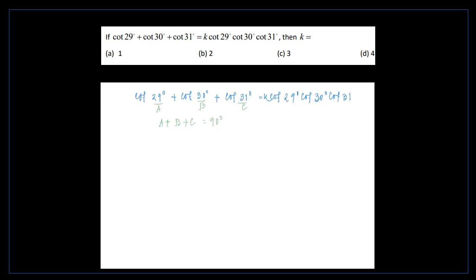So automatically you can understand that this is in accordance with this form: cot A plus cot B plus cot C equal to cot A, cot B, cot C. And this shows that k is equal to 1. So very simple thing.